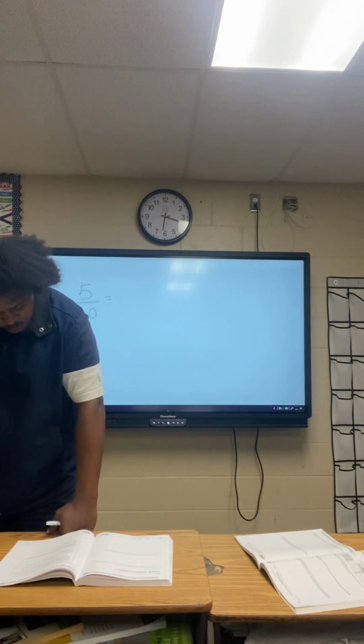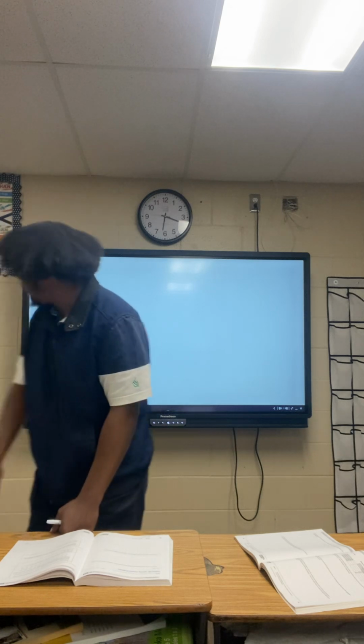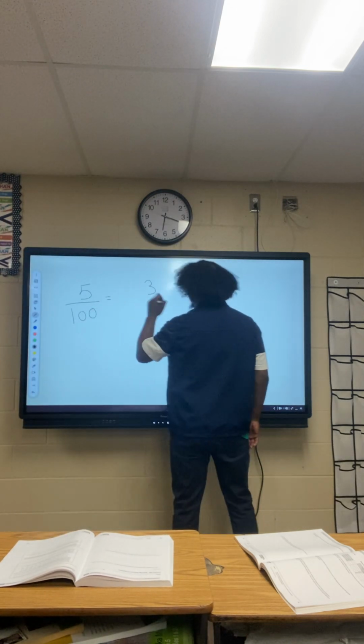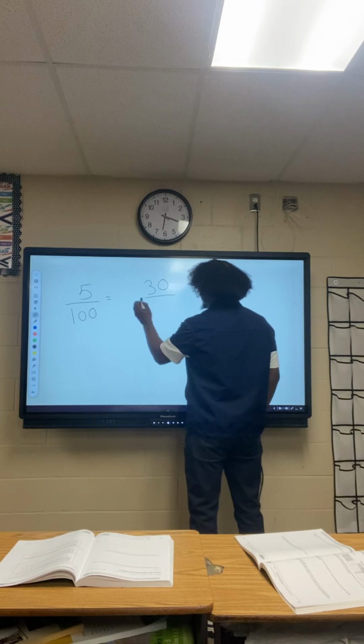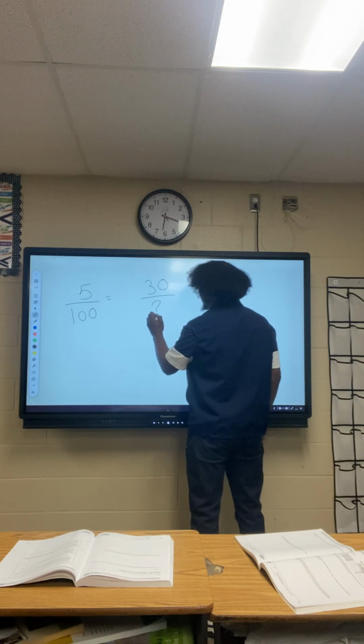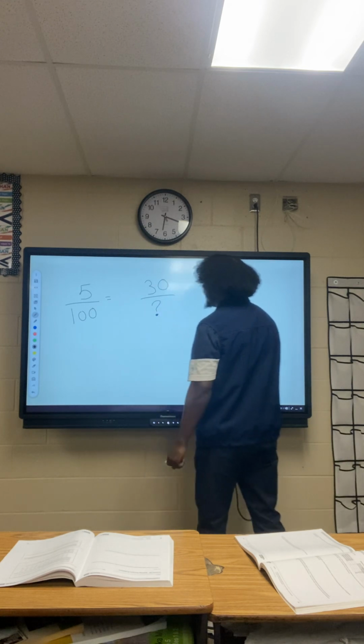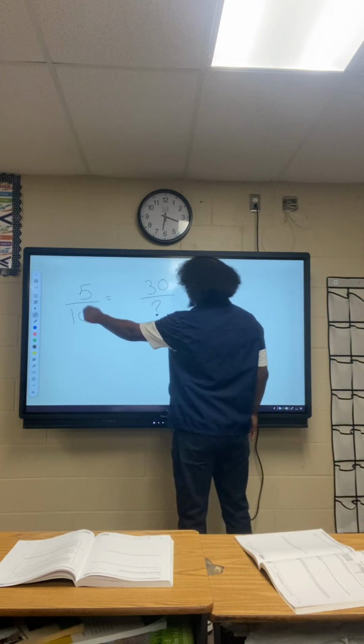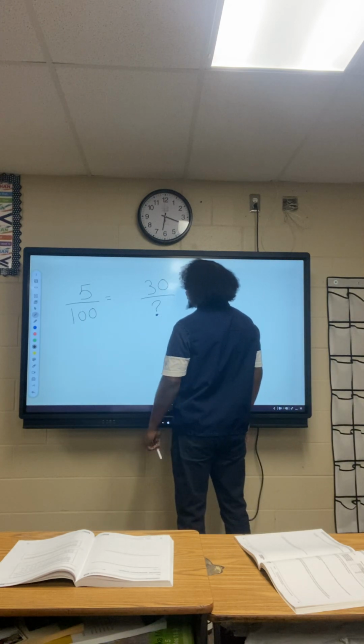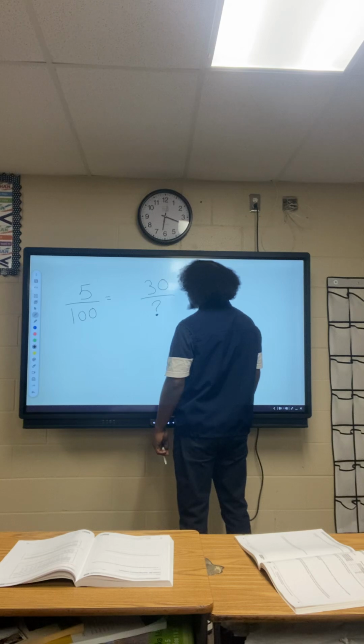All right, so we put our 30 over here because it's gonna be equal to 5, okay? And we don't know what this one is. All right, so let's work now. Do these have anything in common they can be divided by? I see something. Let's try it.